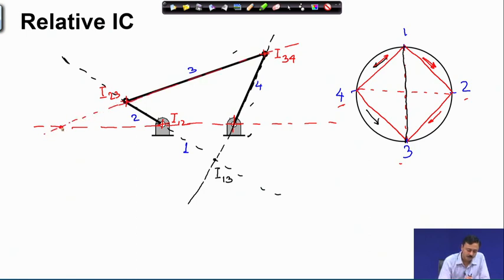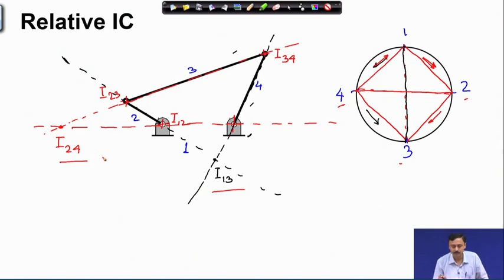So, the intersection point gives me I 2 4. So, I have found this as well, and that completes all the relative ICs. I have found I 1 3 and I 2 4, which were unknown, using the Kennedy-Aronhold theorem and this circle diagram.